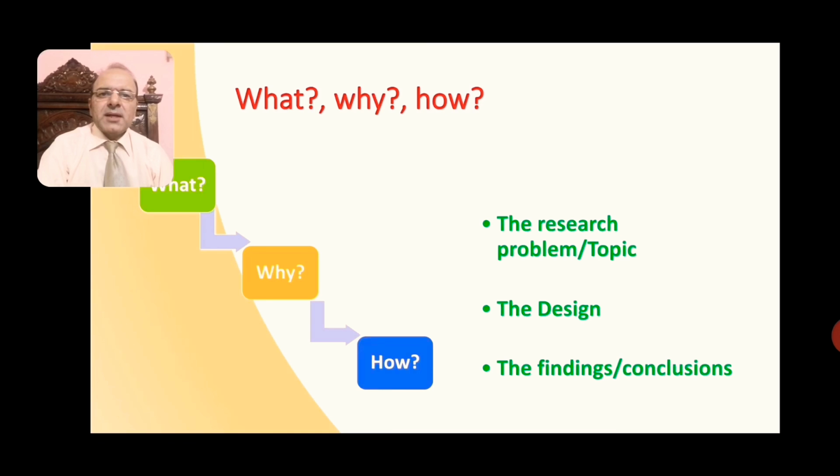So from the very beginning, you need to think in terms of these questions in order to give your research thesis or your research project or your research paper a particular structure. And this structure will help in organizing your ideas on paper and in the field, and in writing the report towards the end of the research process.